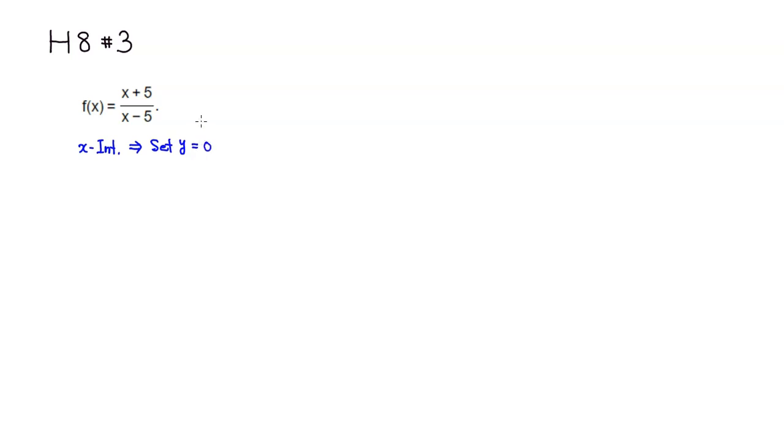In this case, it's the function. So we have f of x is 0, and you have x plus 5 over x minus 5. Then we know that in order to make the fraction equal to 0, we have to make sure that the numerator, which is x plus 5, is 0.